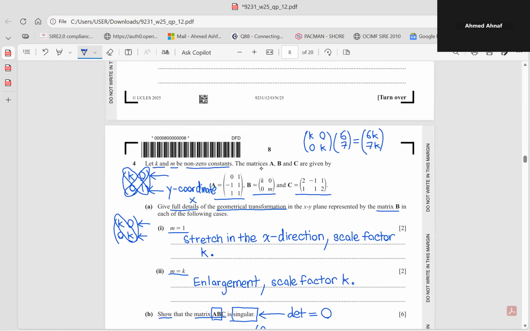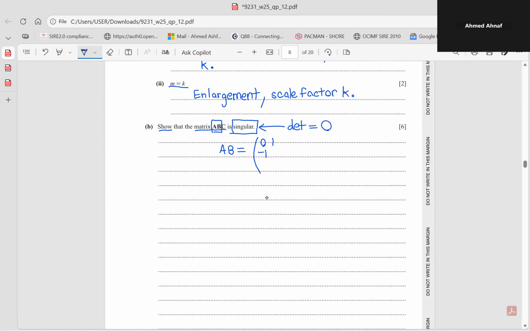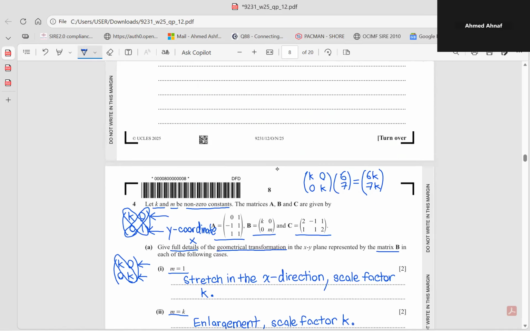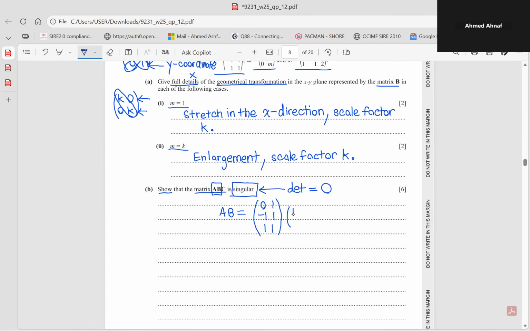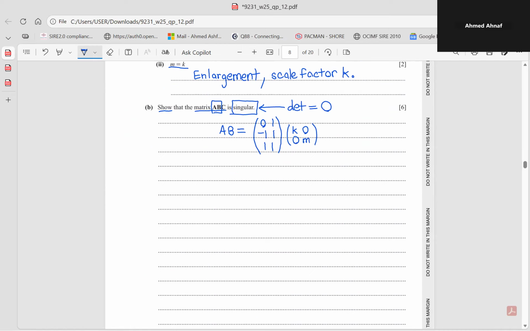So AB is A, which is (0, 1; -1, 1; 1, 1), and B is (k, 0; 0, m). Okay, so to multiply matrices like these, you first take the number of rows and columns. So for A, it's a 3 by 2 matrix, and for B, it's a 2 by 2 matrix.